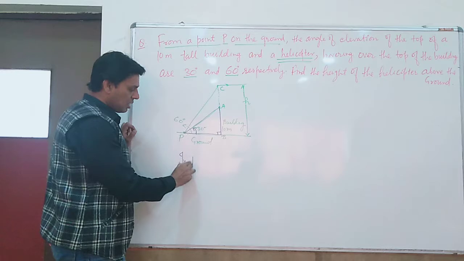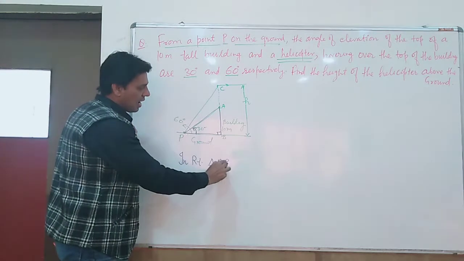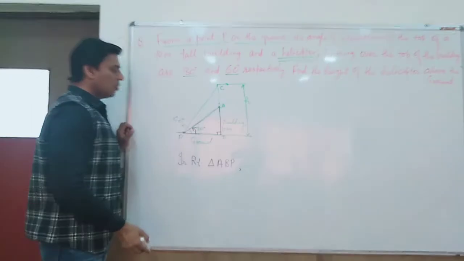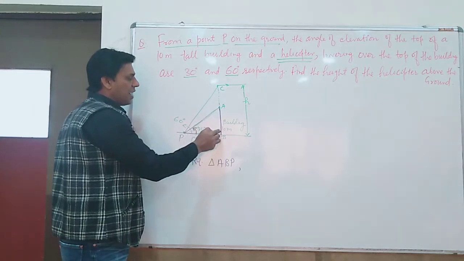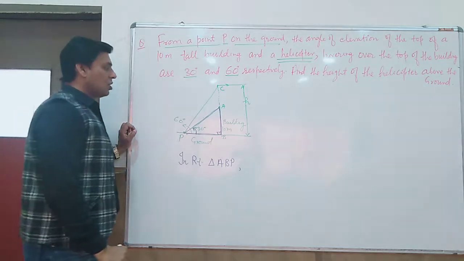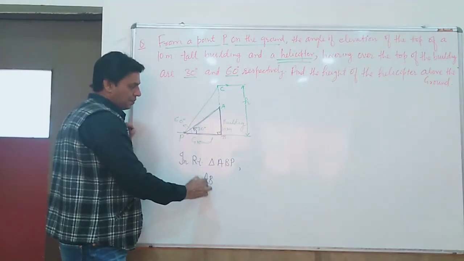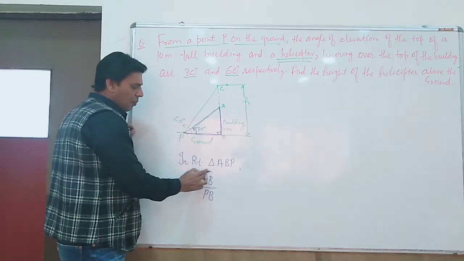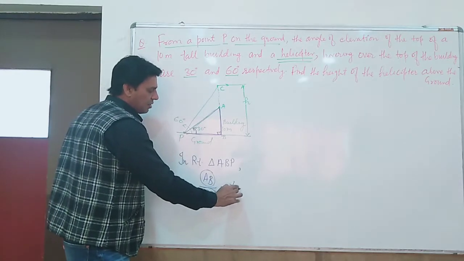In right triangle ABP, in front of the angle is the perpendicular, above the 90 degree is the hypotenuse, and this is the base. So I am taking these two sides, AB upon PB. You know, perpendicular upon base.